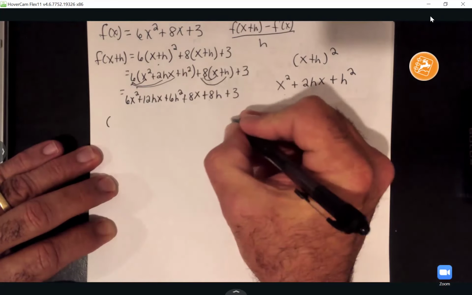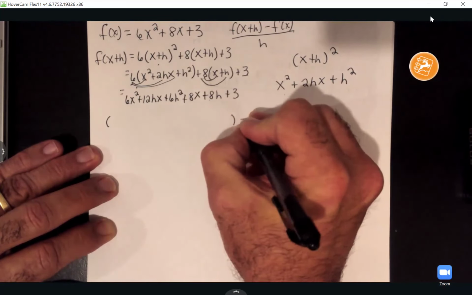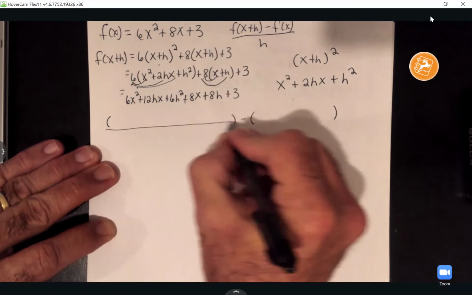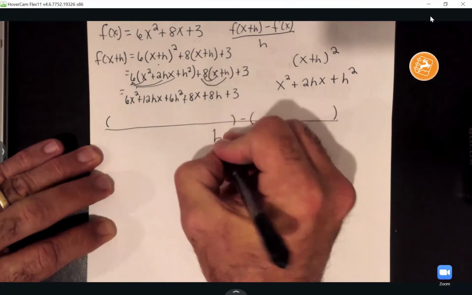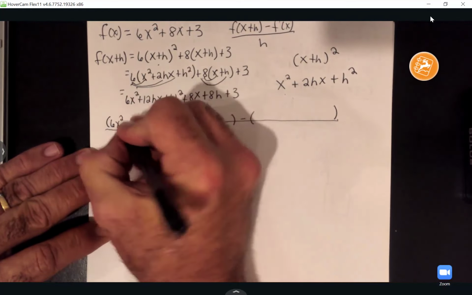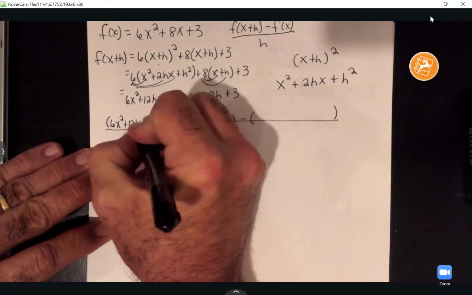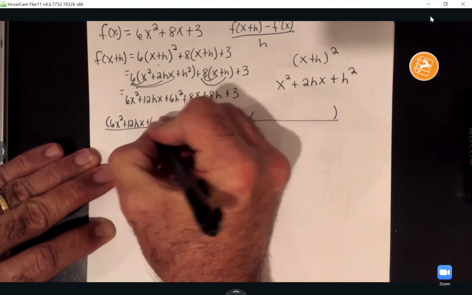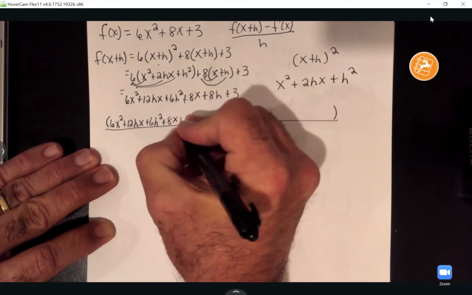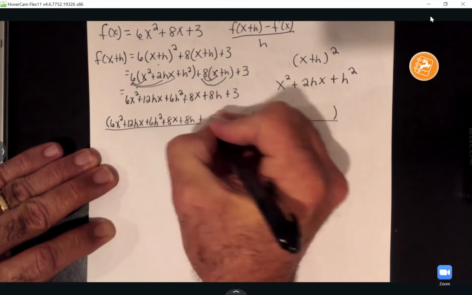So f of x plus h minus f of x all over h. Y'all, I'm going to put this in first: 6x squared, 12hx, 6h squared, 8x plus 8h plus 3.